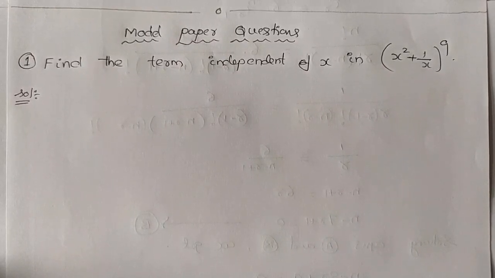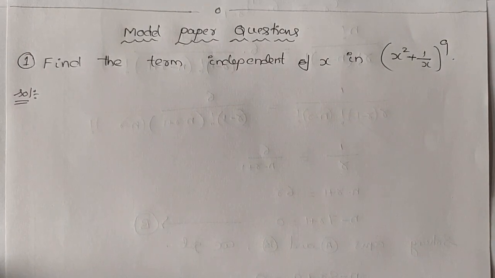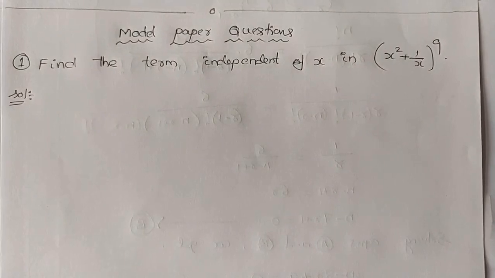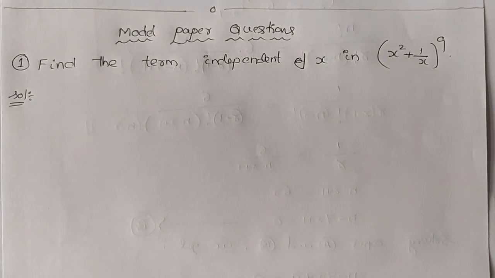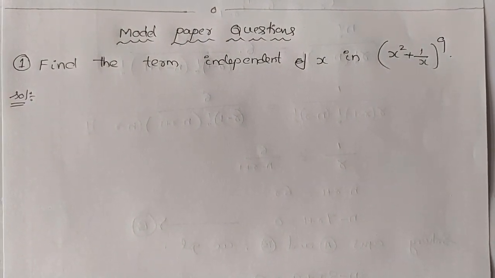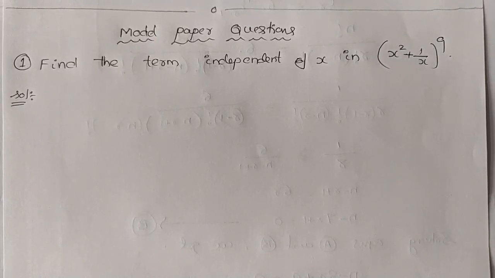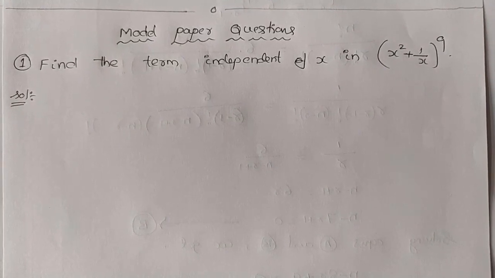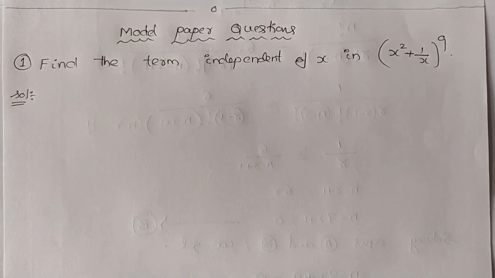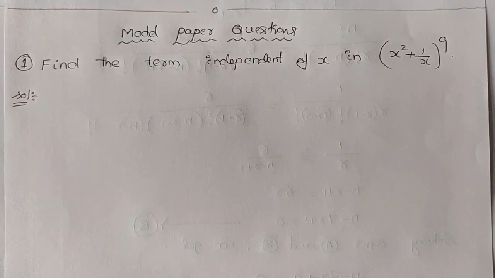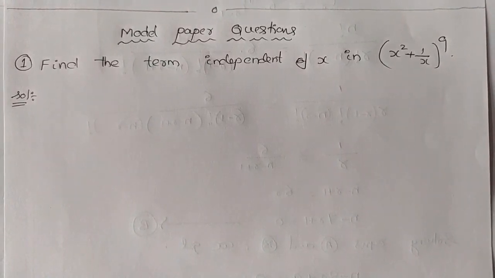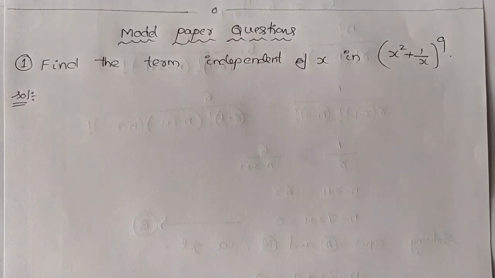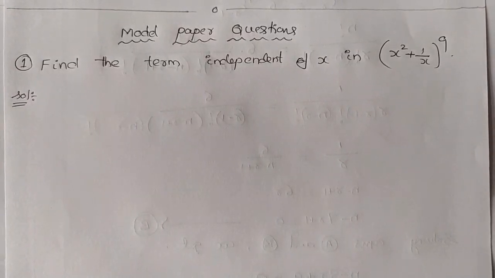Then we have to equate the powers of x equals to 0. Then we will get the value of r. After that, we have to substitute that r value in the general term. Finally, we will get one result. That result is the required term independent of x. That's it. This type of question we already solved in our previous classes. You can check the notes.